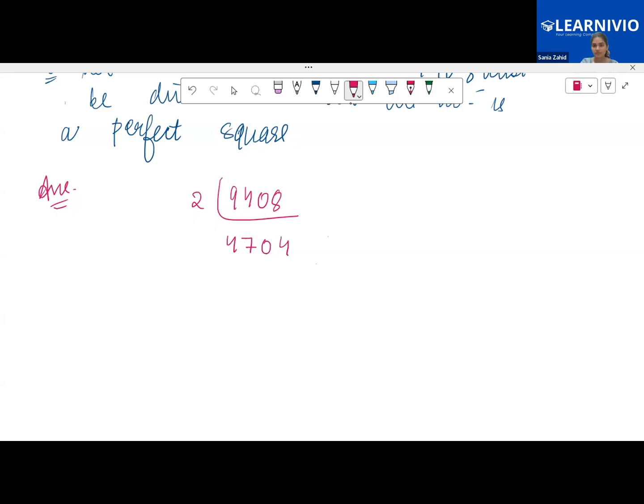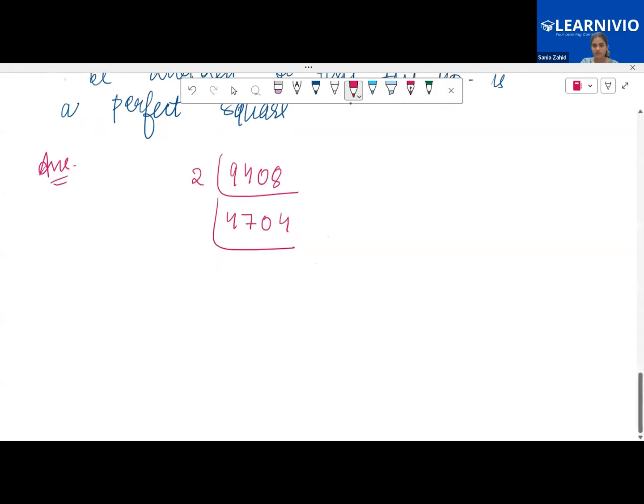Okay. 2 twos are 4, okay, then 2 threes are 6, 1 carry, 2 fives are 10, 2 twos are 4. Okay. Then again by 2.